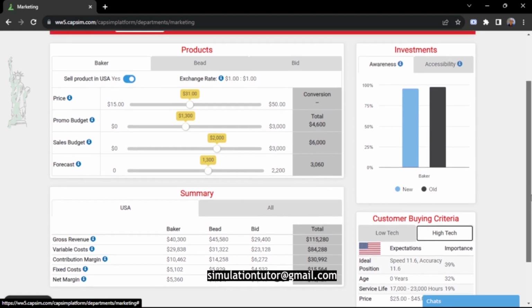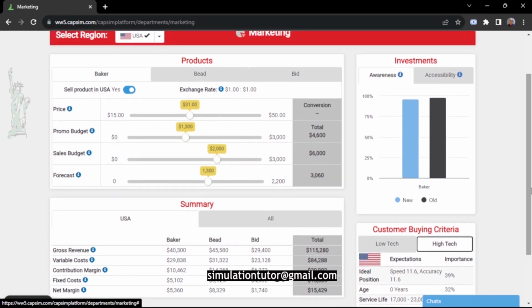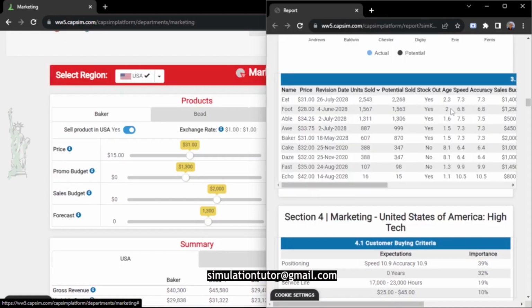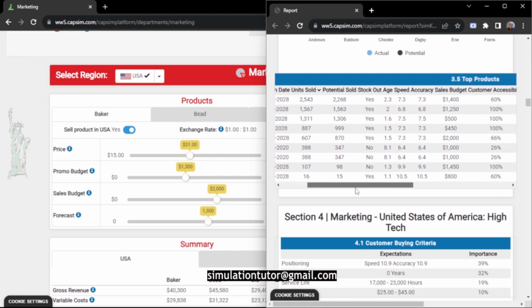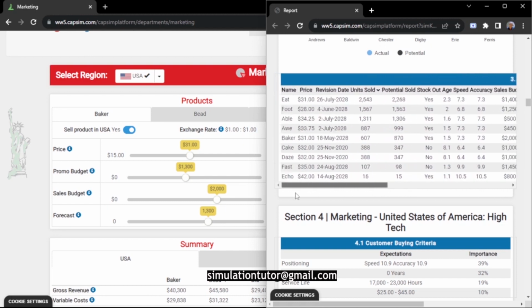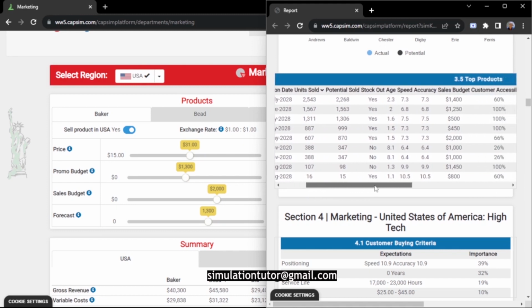So here we'll start with the USA. Let me go and check into the reports so that you can make decisions together. If you check the low-tech market segment for my product Becker, this is Becker. So let's look at the results for last round.